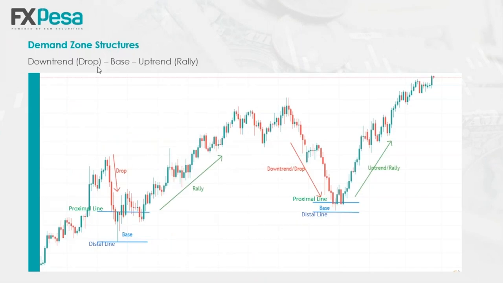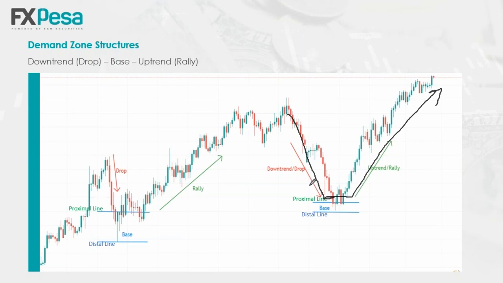When it comes to demand zones, you can have the market forming a drop. The market would then form a base and the market would form a rally. So such a structure is what we are calling drop base rally.